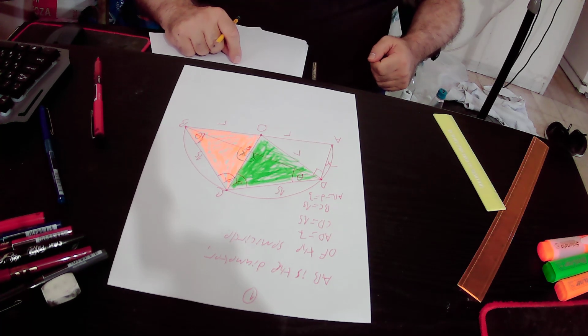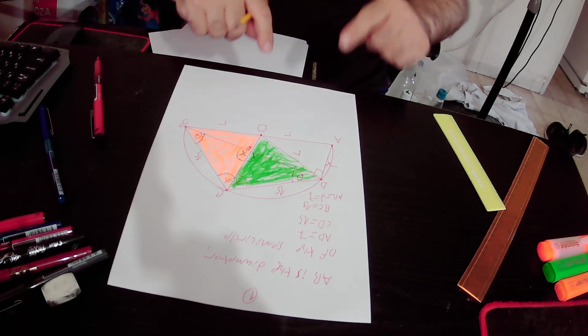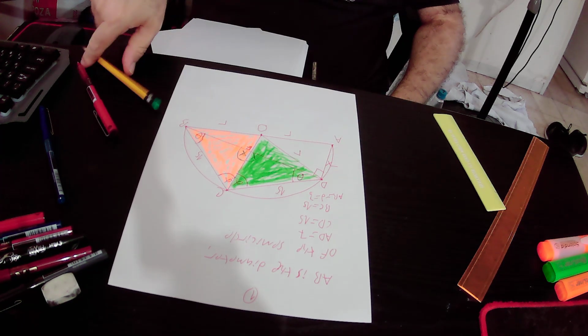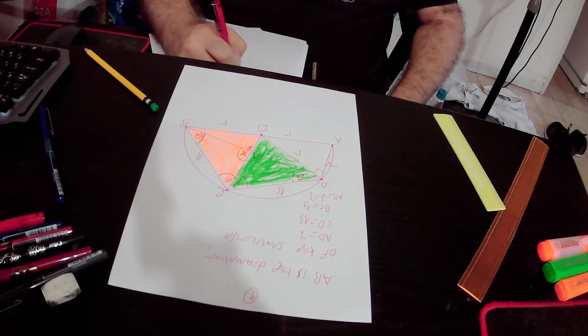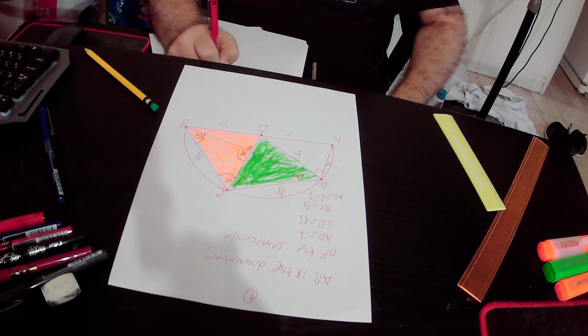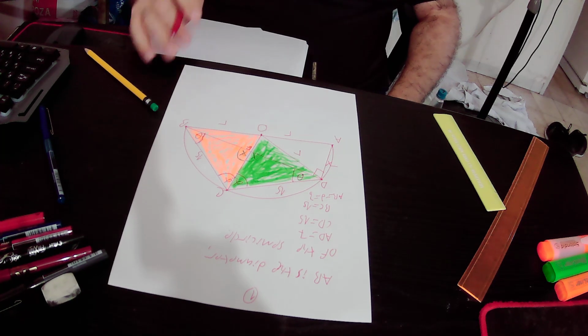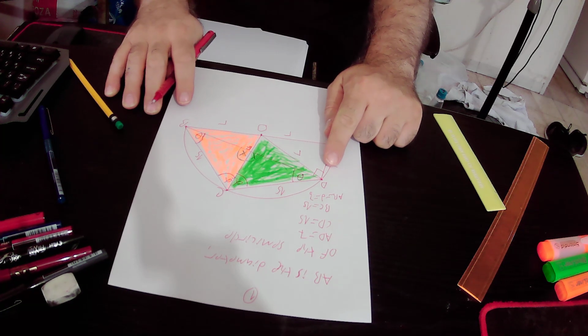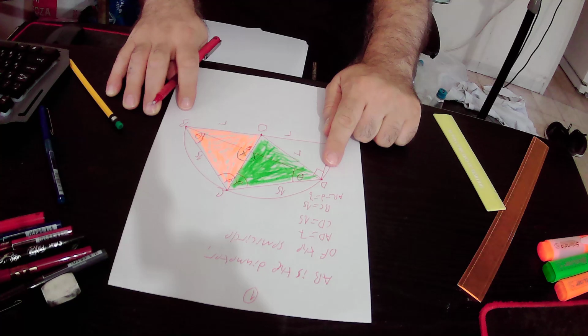Now we'll focus on angle DEB. First of all, we know that DB is a straight line because in the beginning of the lecture we made a construction. We connected together points D and B by a straight line.